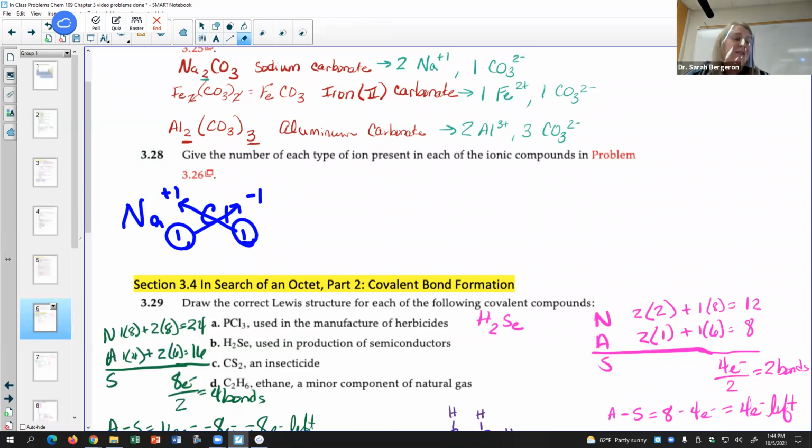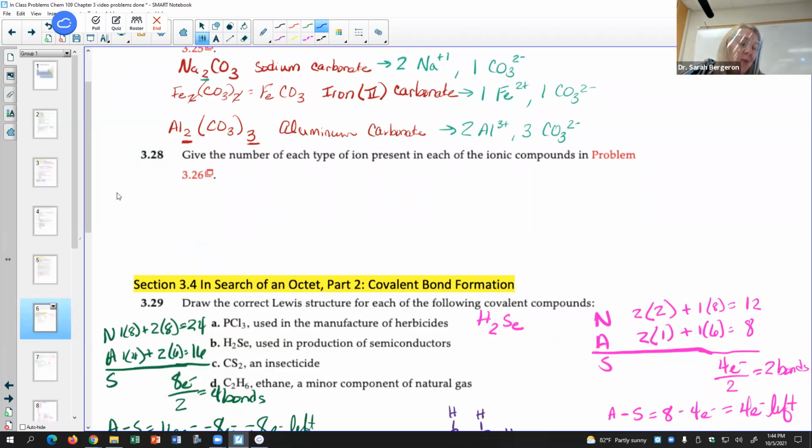But there are some cases where you have to be careful of doing that, and I'm going to give you an example. What about FeO? Can I do the reverse crossover with this? We're just assuming there are ones there. So can I just cross them over and say oxygen should be a -1, iron should be a +1? Well, what do you know? Do we know what iron has to be?